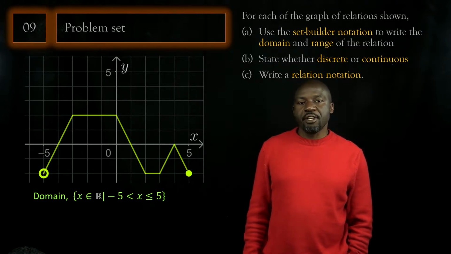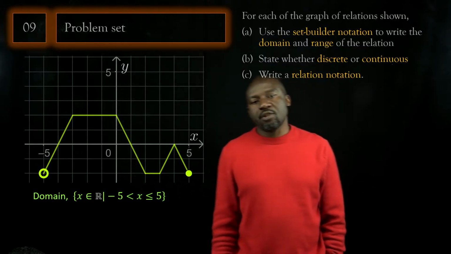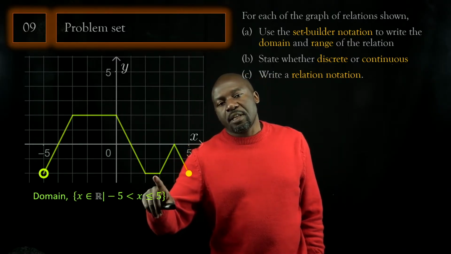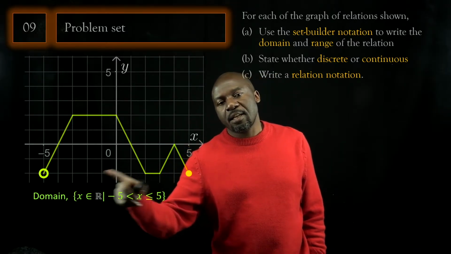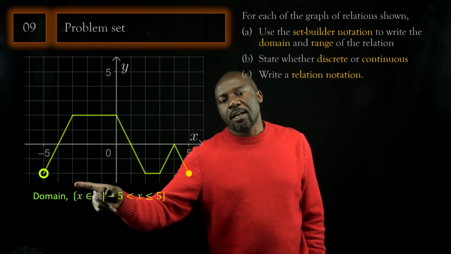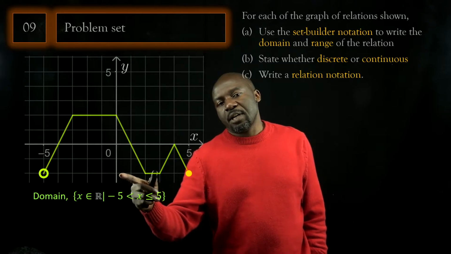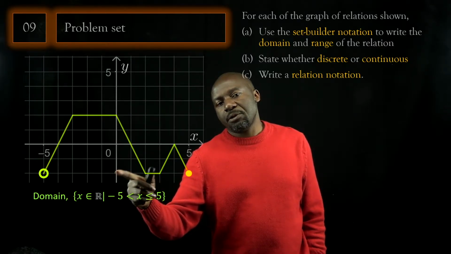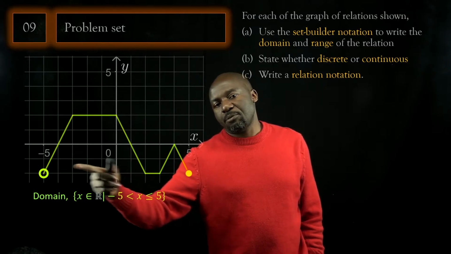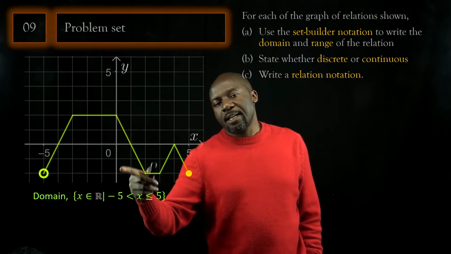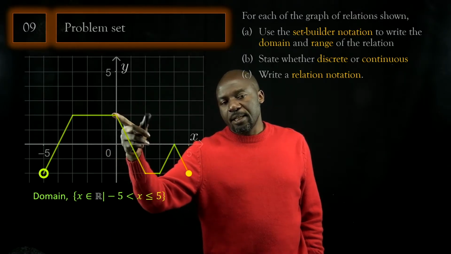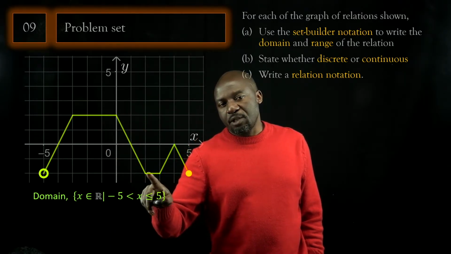What about the range? So similarly, if this were not here and this only ended, say, up here, we would say that the values of y start from -2 to +2, and we would say greater than -2 because of that, and less than or equal to +2 here. But we have this which is acceptable.